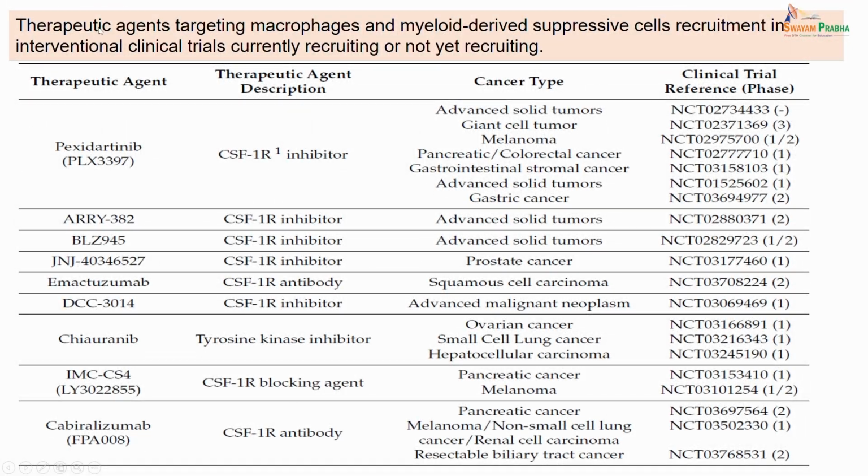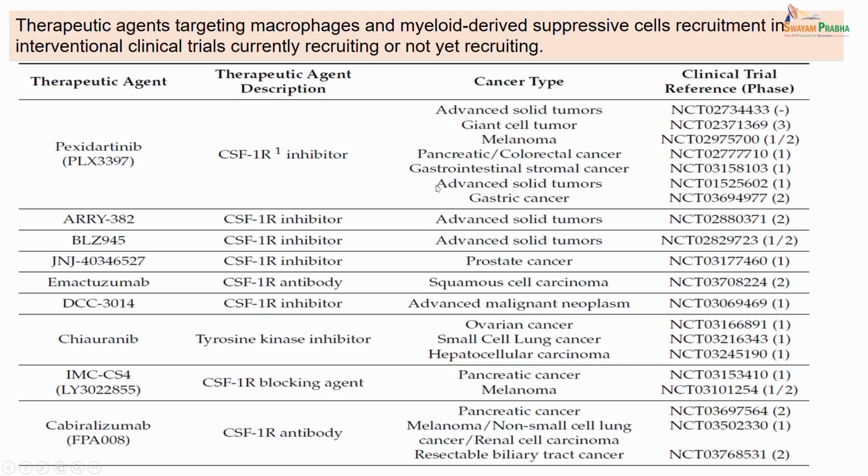So there are several therapeutic agents that target the macrophages and the myeloid-derived suppressor cells recruitment in interventional clinical trials. Now this is a trial of this particular molecule, PLX3397. This is basically a CSF1 receptor inhibitor.